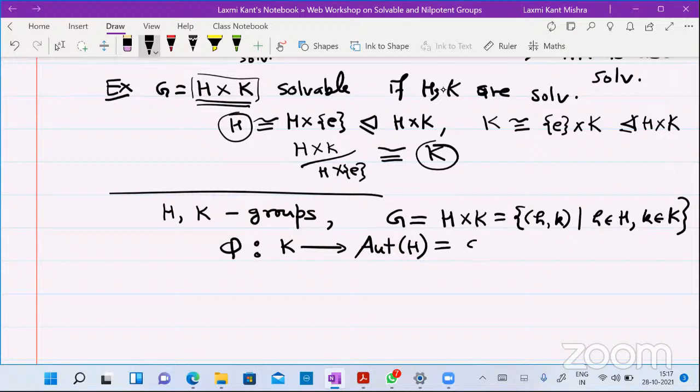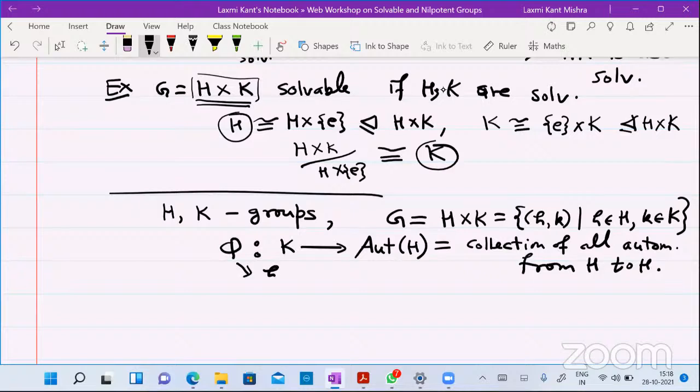This is the collection of all automorphisms from H to H. So this phi is a given homomorphism.